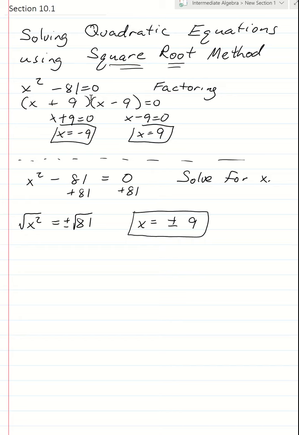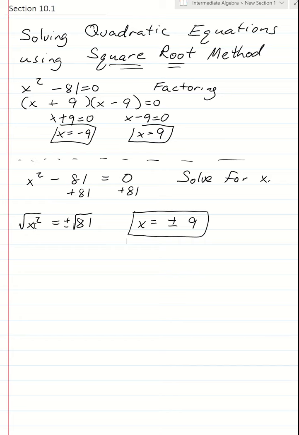Okay, if you are a fan of factoring and you recognize it as something that is factorable, you might want to use factoring. Or if you're not a fan of factoring, we have this alternative method now called the square root method, whereby first of all we have to isolate the squared quantity by bringing over the constant 81.